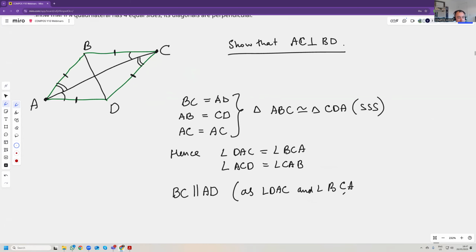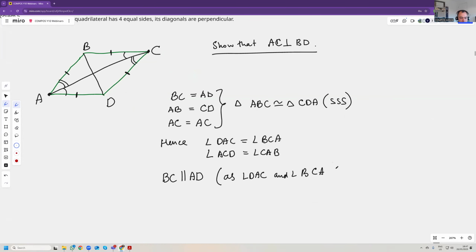How do you know that BC is parallel to AD? Because angle DAC and angle BCA are alternate angles. I'm going to use the fact that they are alternate angles. Right. Because these are alternate angles, then BC is parallel to AD.